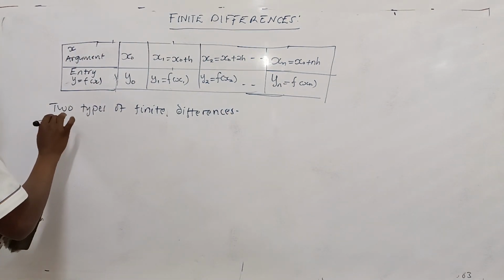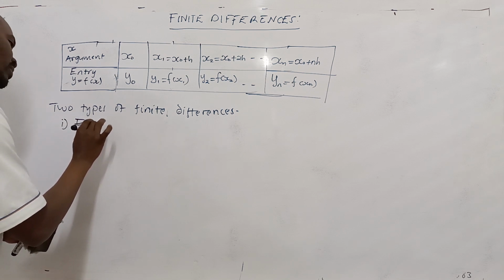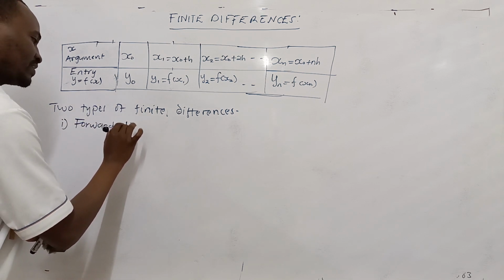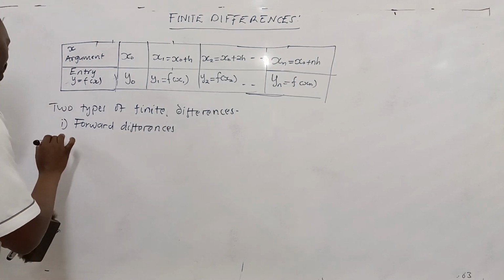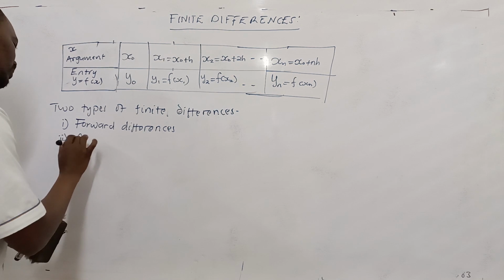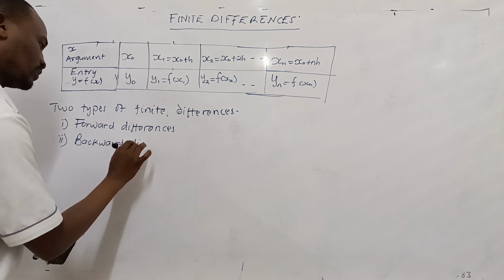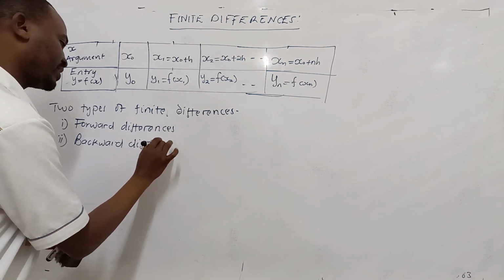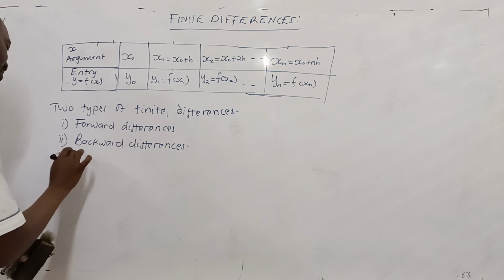You have what we call the forward differences, and we have the backward differences. We even have another type of differences, like central differences, that we are not going to discuss.